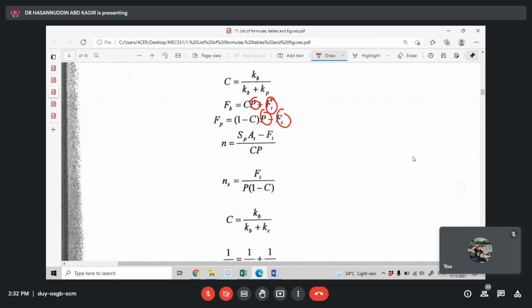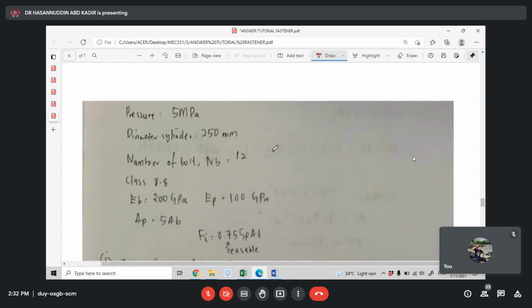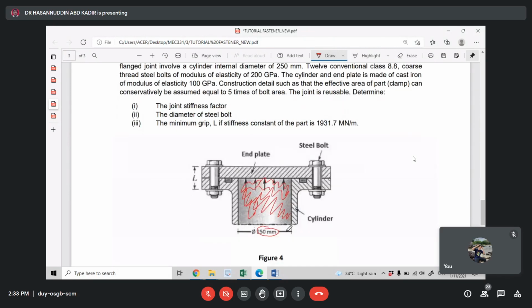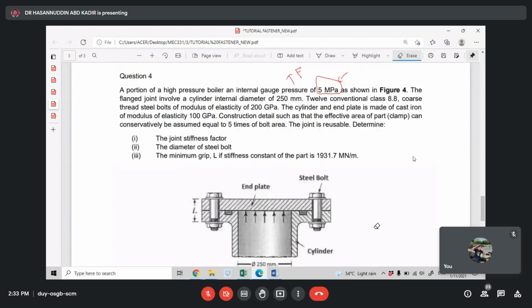So what you should do if they give the value in stress, then you need to convert it from this pressure to force. So because they already give you the value of area here, okay, you can get the value of area by diameter, and you can know the gauge punya force bahagian sini.